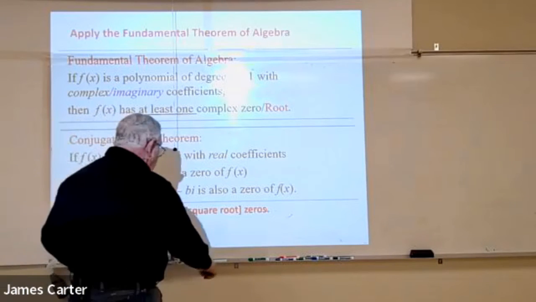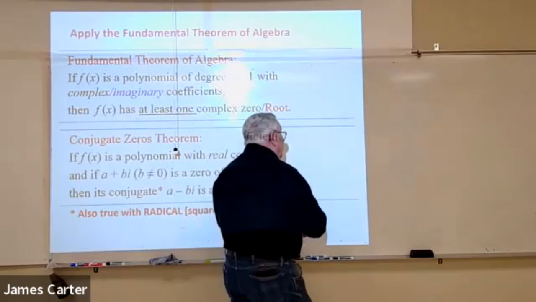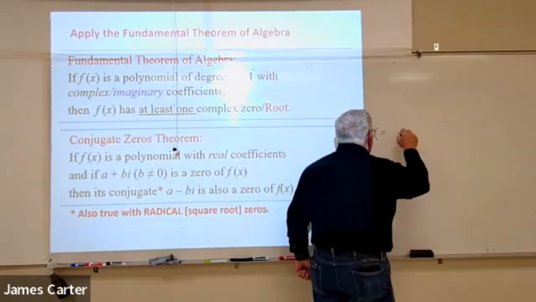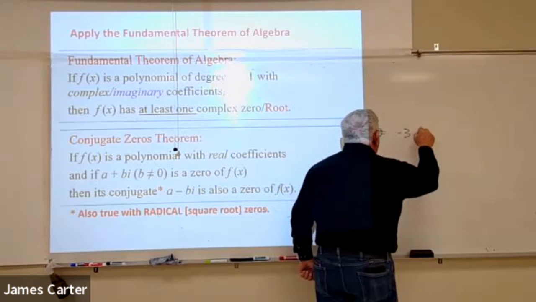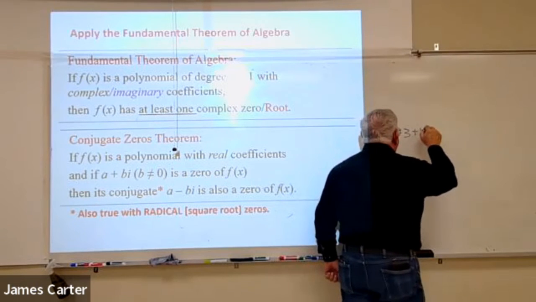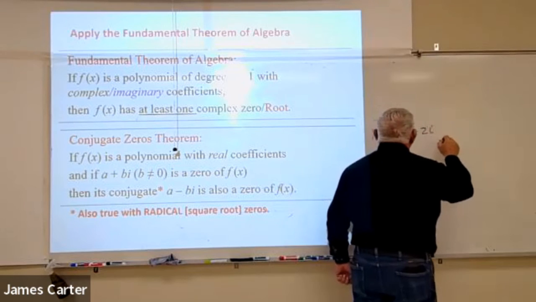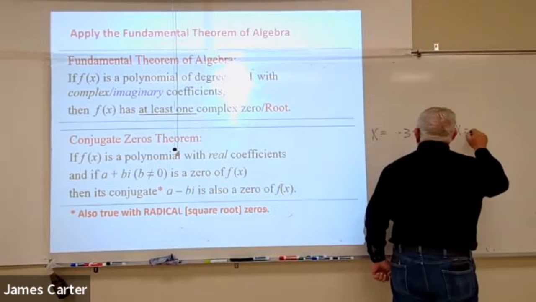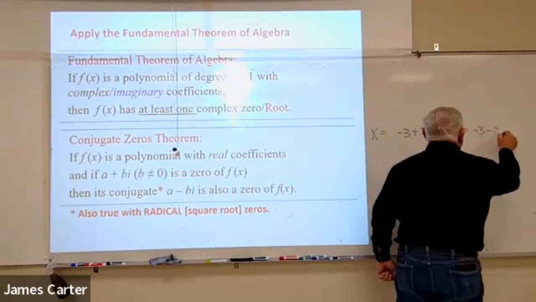Now, something tricky about these. If you have a root of -3 plus 2i, and you got its conjugate, x equals -3 minus 2i.